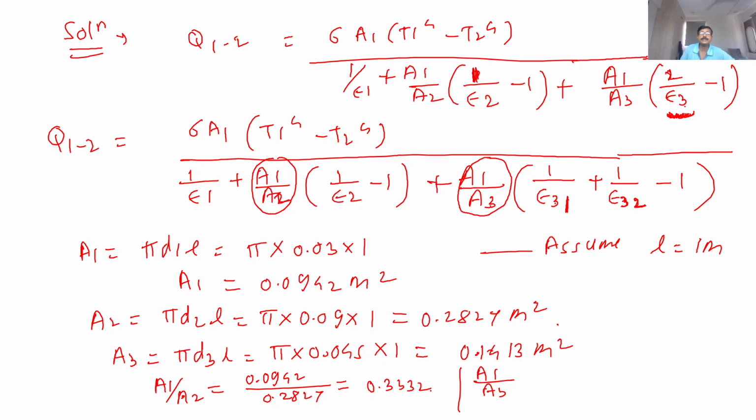It is better to calculate them separately so that it will be easy on the calculator. A1 is 0.0942, A3 is 0.1413. So it comes around 0.6666.